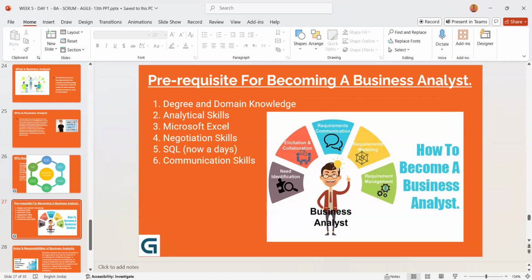I talked about one word that was getting repeated in the earlier slide. Now coming back to the fourth element, you need to have negotiation skills. And why do you think it is important for business analysts to develop this negotiation skill? Who can give me the answer?